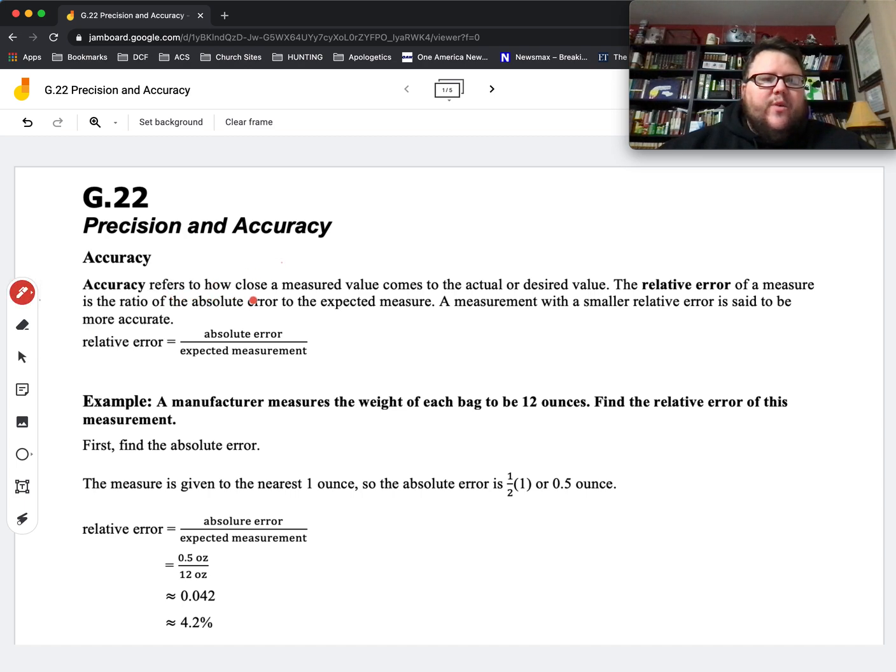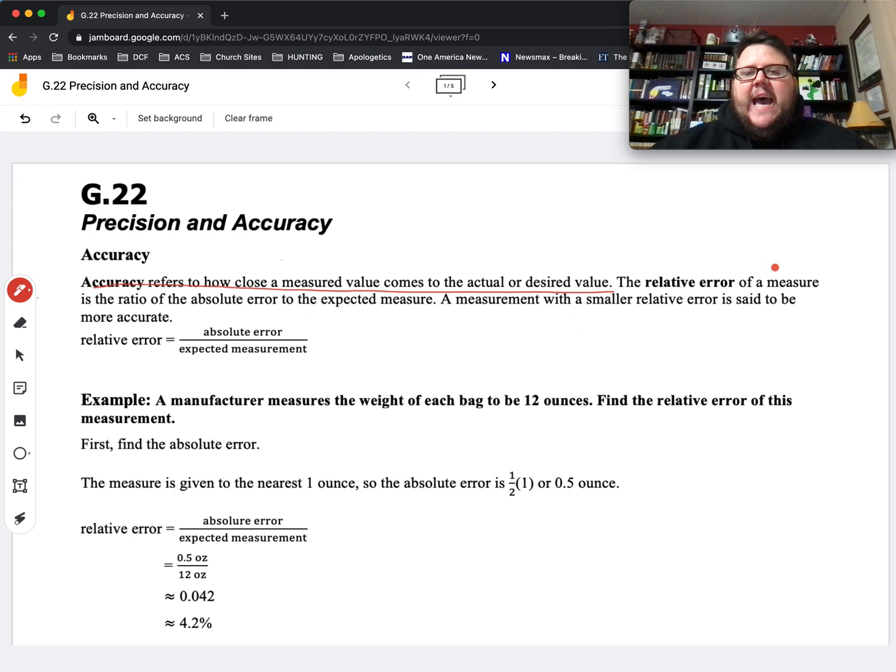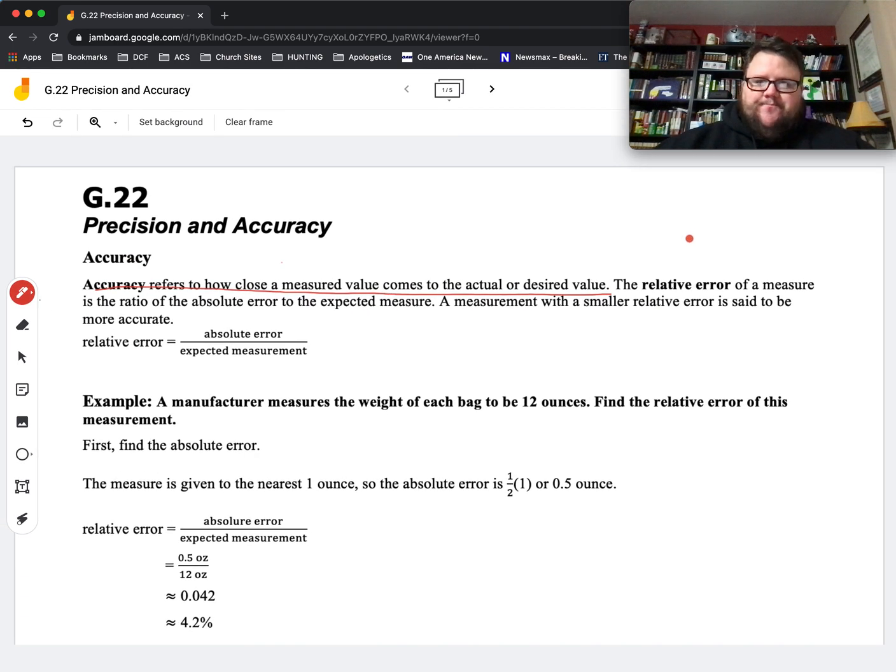So accuracy refers to how close a measured value comes to the actual or desired value. So if you think about this, accuracy, I like to think of like a bullseye. So if I had a bullseye, this would be a target. And the bullseye would be there in the middle, right?